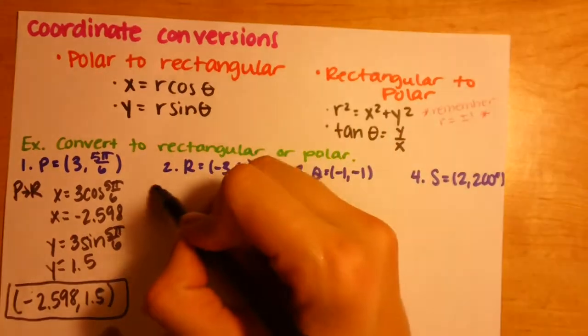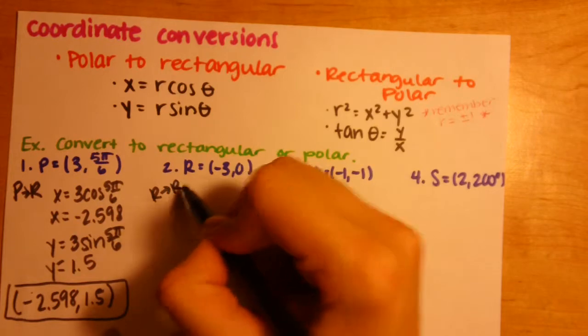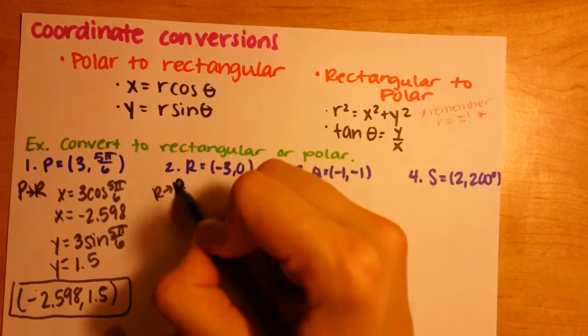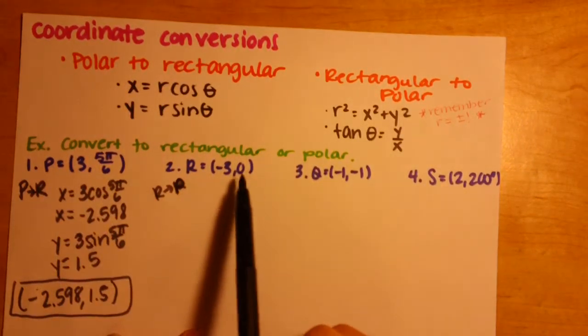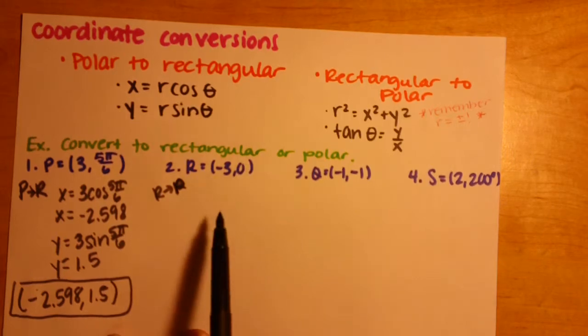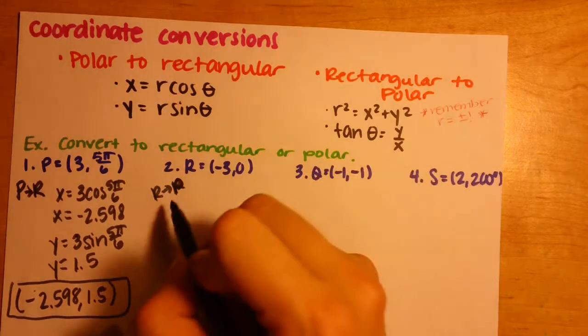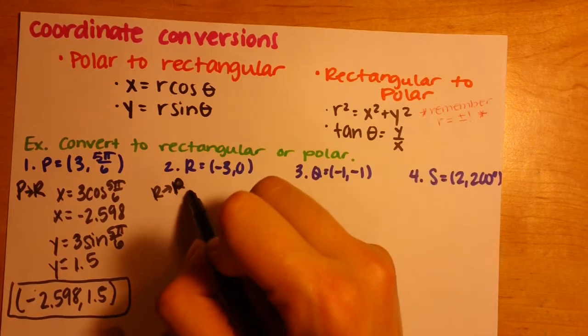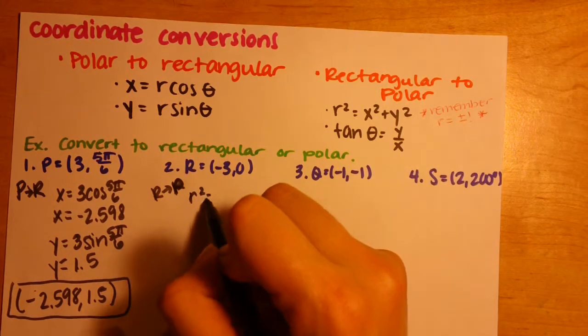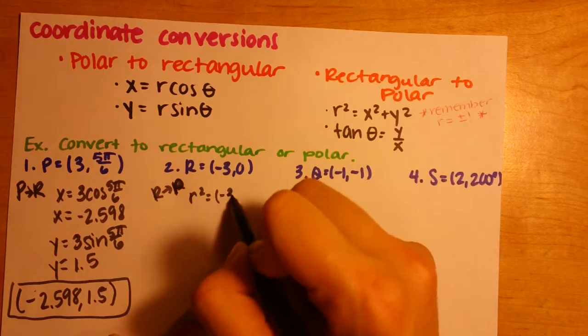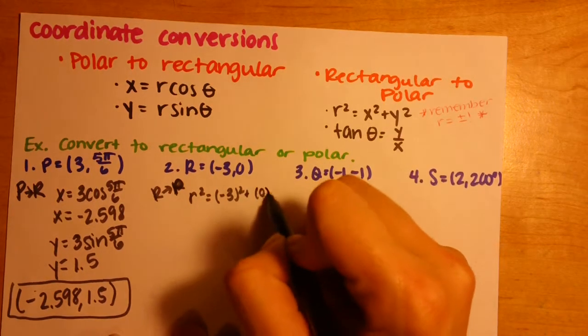So the next one, we're going to go from rectangular to polar. Because there's no angle, no degree sign here, we're going to see it's rectangular to polar. So now we have r squared equals our x squared plus our y squared.